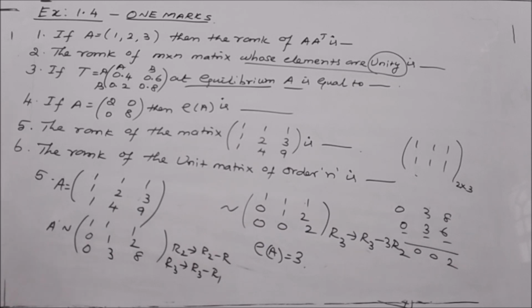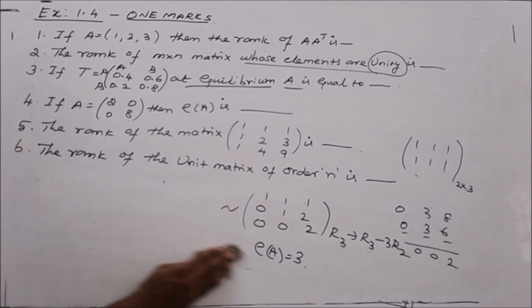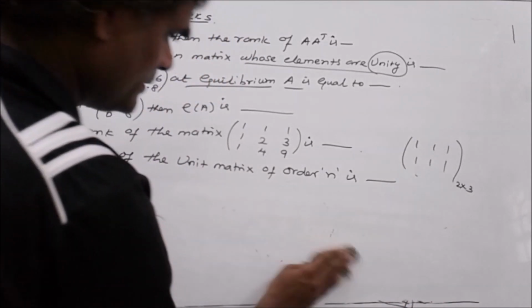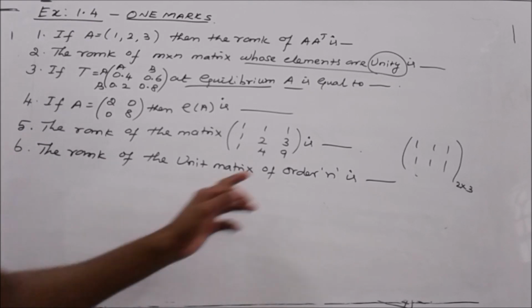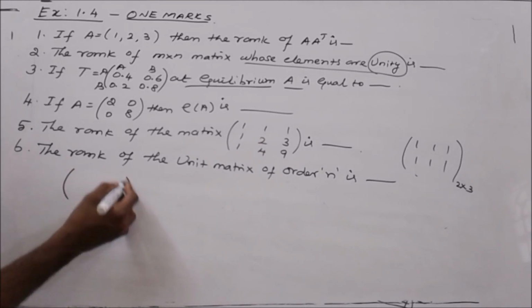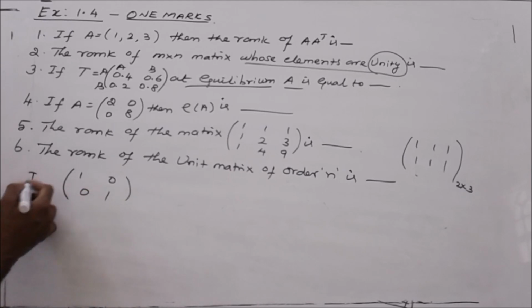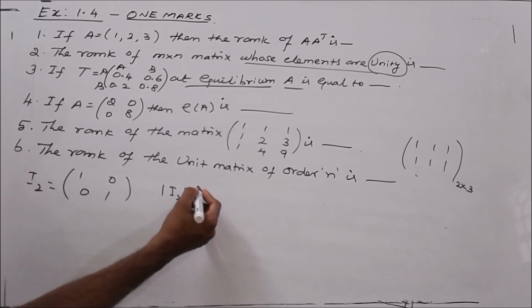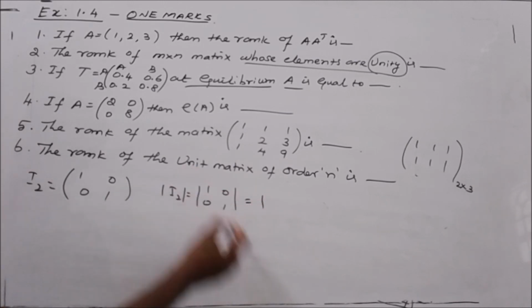The next question is the sixth one. The rank of the unit matrix of order n. We have already discussed this while taking the classes in the first exercise. The rank of a unit matrix of order n is dash. We can take a 2 by 2 unit matrix, 1, 0, 0, 1. This is I2. Its determinant value equals 1, because it is a diagonal matrix.